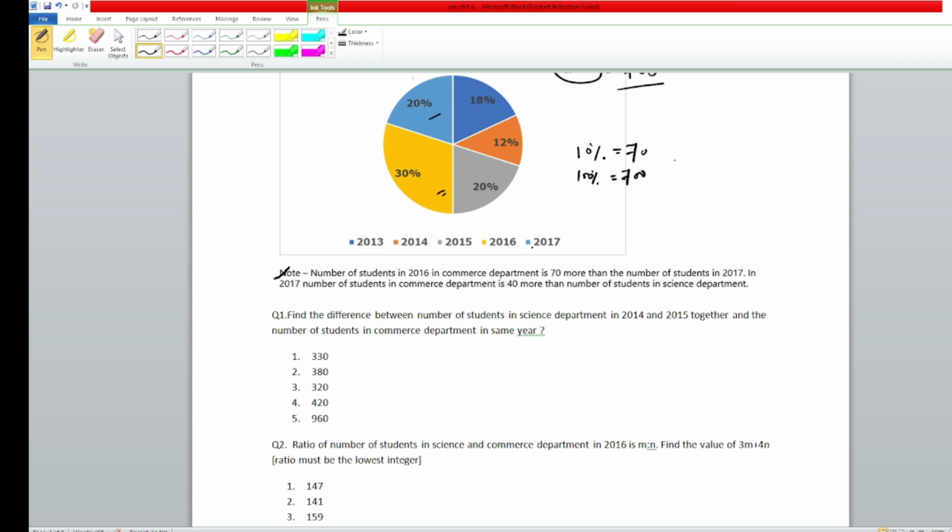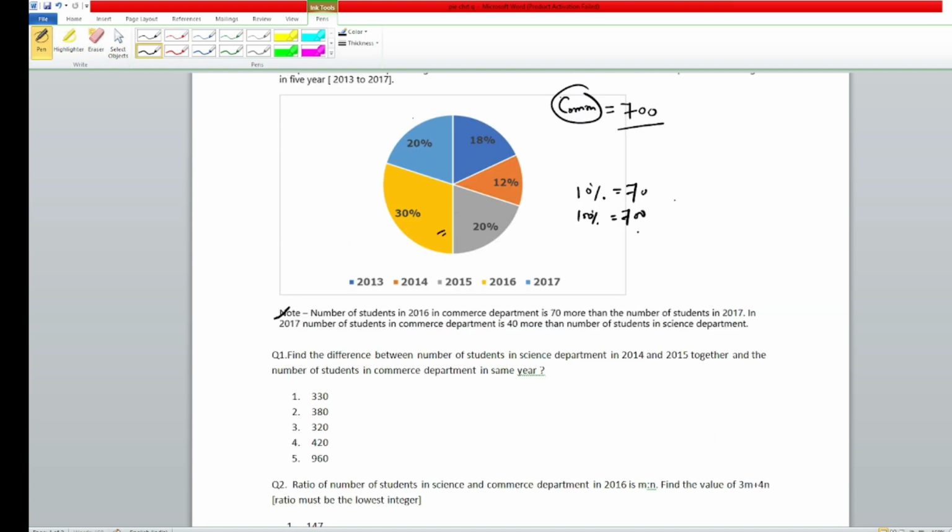So let's find out the number of students in the commerce department in 2017. 2017 is the light blue part, that is 20%. 20% of the 700 students are in the commerce department in 2017. 20% of 700 gives 140. So 140 students are in the commerce department in 2017.